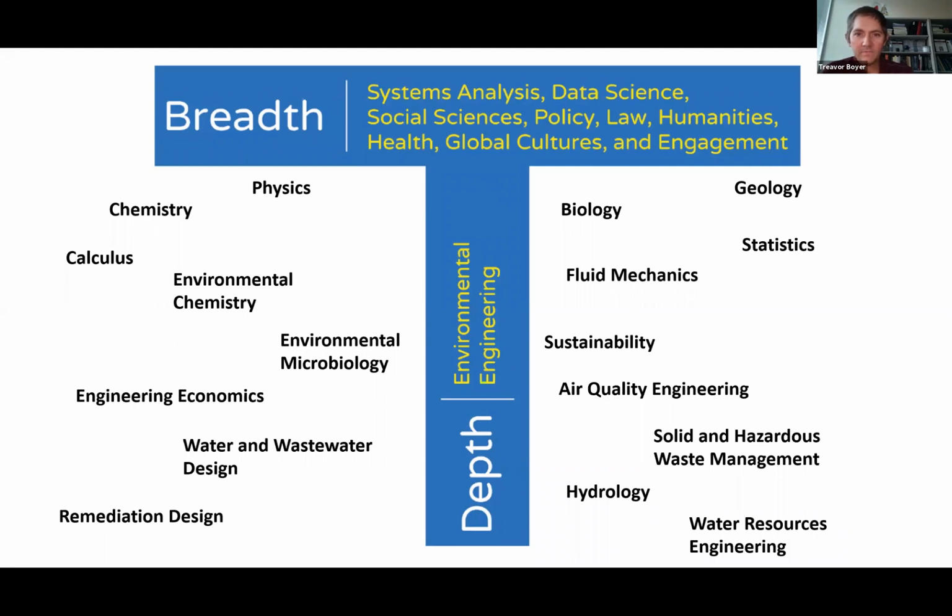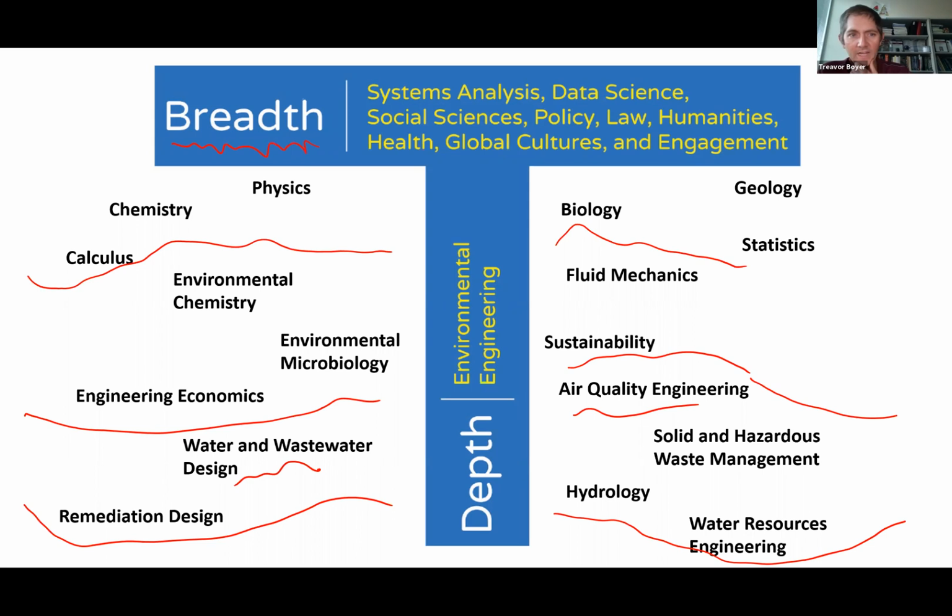A more tangible view is all the courses you could possibly take. I've listed here a range of courses. At the top, it's more freshman type sciences: calculus, chemistry, physics, biology. Then it moves into what we call the engineering sciences, like environmental chemistry or fluid mechanics, in the middle.